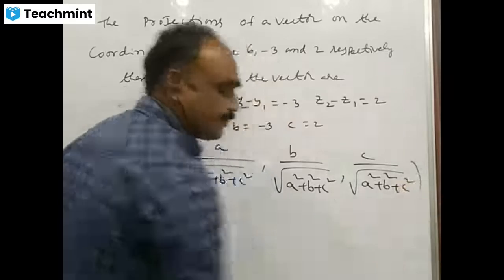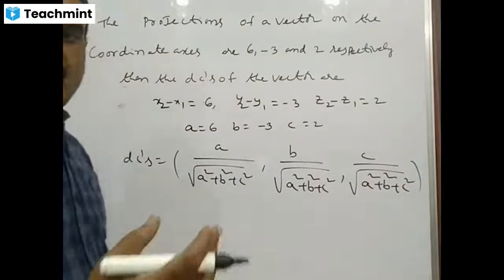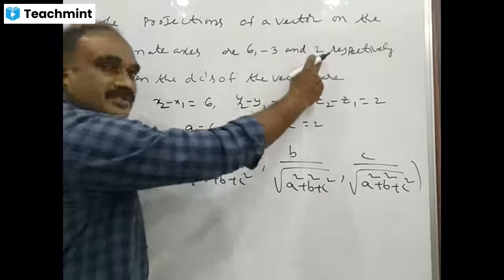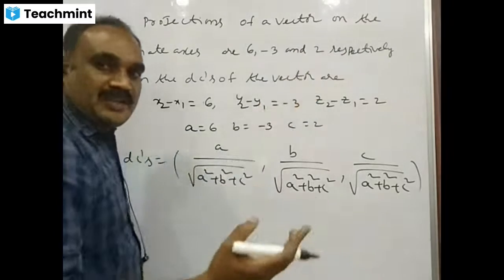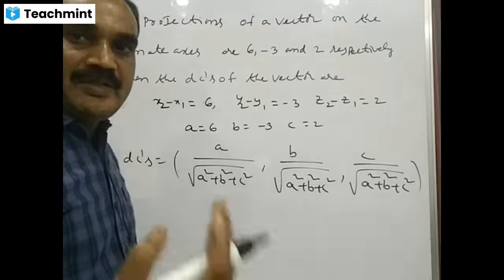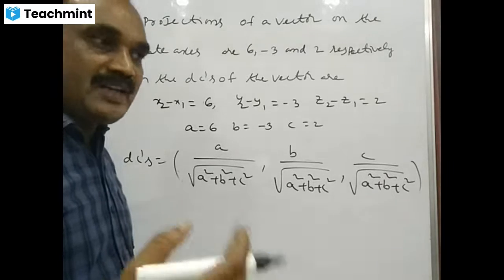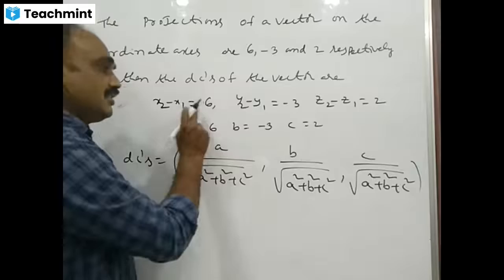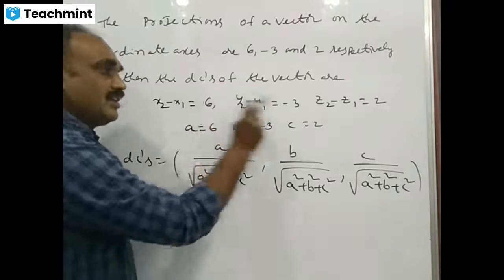Direction cosines. Friends, in the last class, projection of AB on x-axis. Friends, these are direction ratios. In the previous class, projection of AB on x-axis, y-axis, z-axis formula: x2 minus x1, y2 minus y1, z2 minus z1. So that is equal to the direction ratios formula. These are direction ratios.